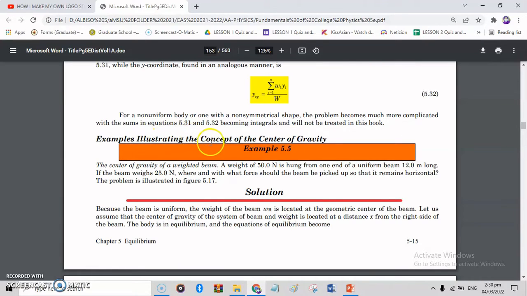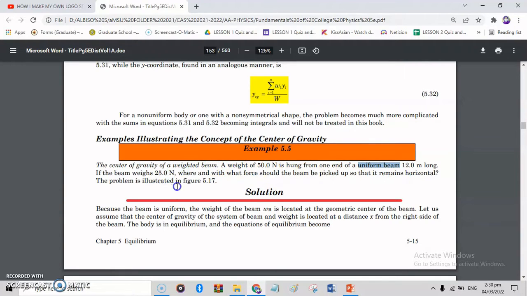Example, illustrating the concept of the center of gravity. A weight of 15 Newton is hung from one end of a uniform beam, 12 meter long. If the beam weighs 25 Newton, where and with what force should the beam be picked up so that it remains horizontal?